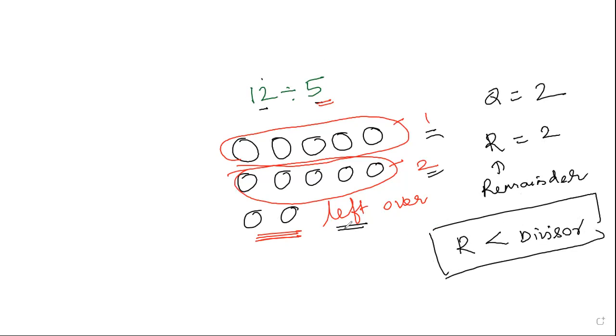Because if the remainder were 5 or more than 5, instead of 2, I could divide it by 5 and make another group, and that would be counted in the quotient. If the remainder is equal to or greater than the divisor, we can divide it by the divisor, and that goes to the quotient part. So remember that the remainder should be less than the divisor.